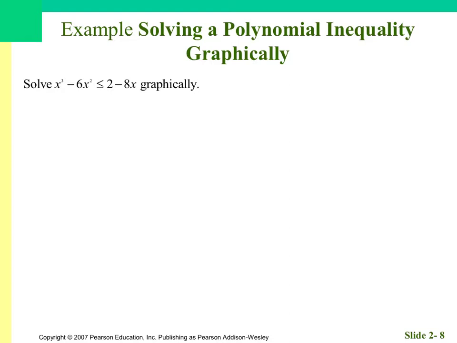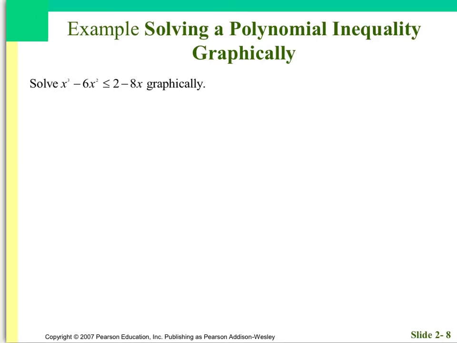Alright, so solving this graphically. So first thing we got to do is get it less than or equal to 0. So subtract 2, add 8. Subtract 2, add 8. So I get x to the third minus 6x squared plus 8x minus 2 less than or equal to 0.